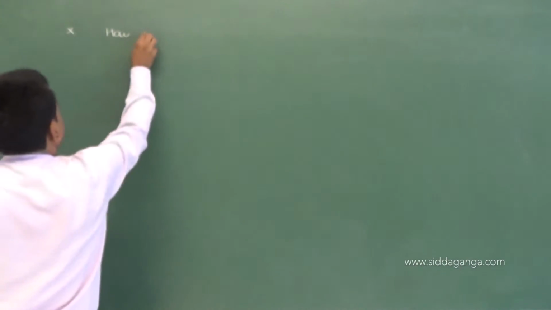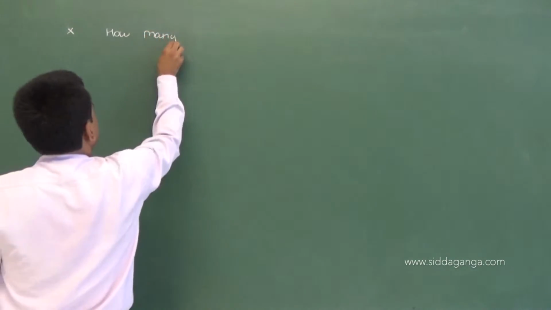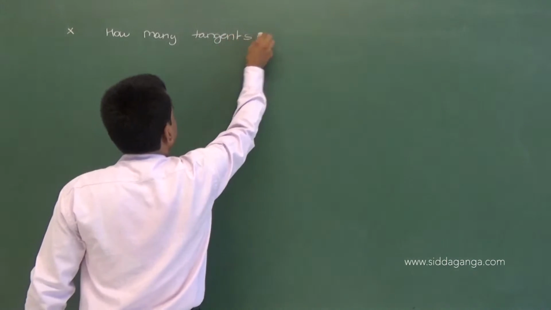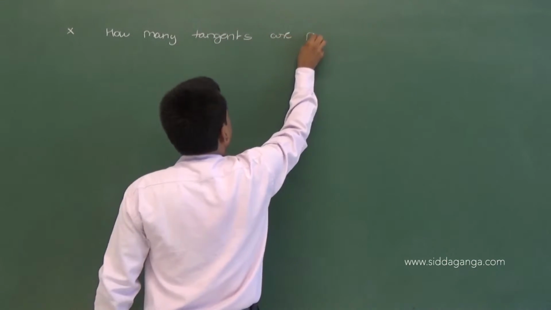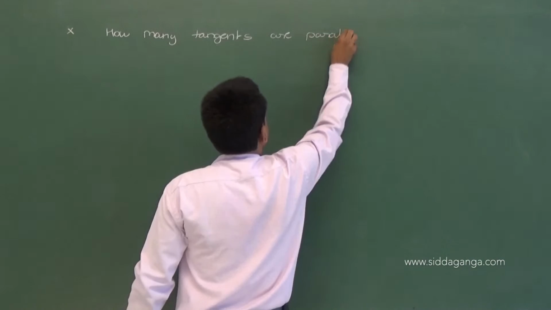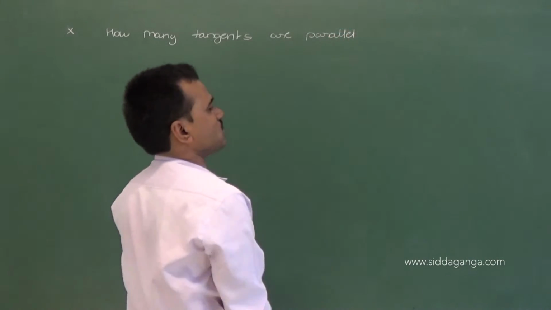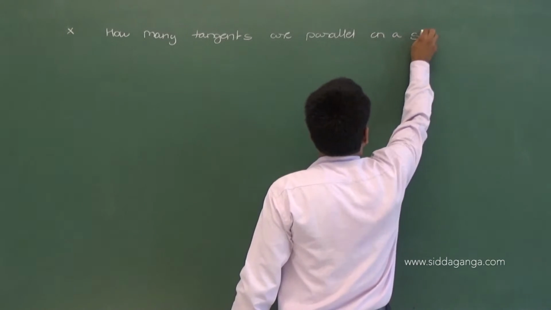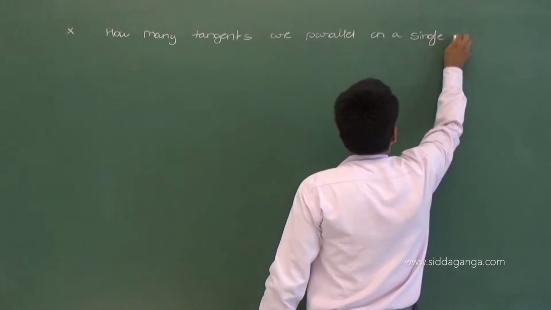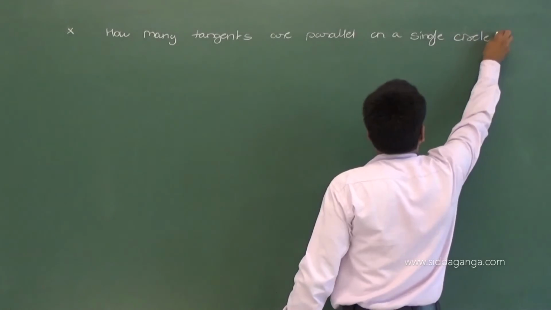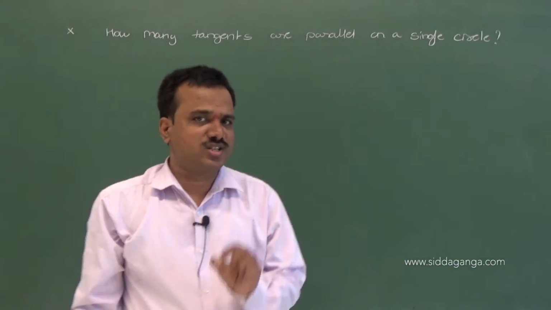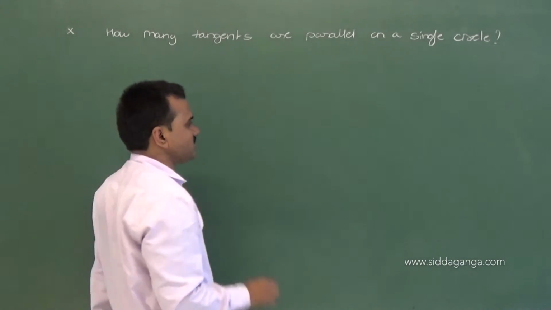Second question: how many tangents are parallel on a single circle?